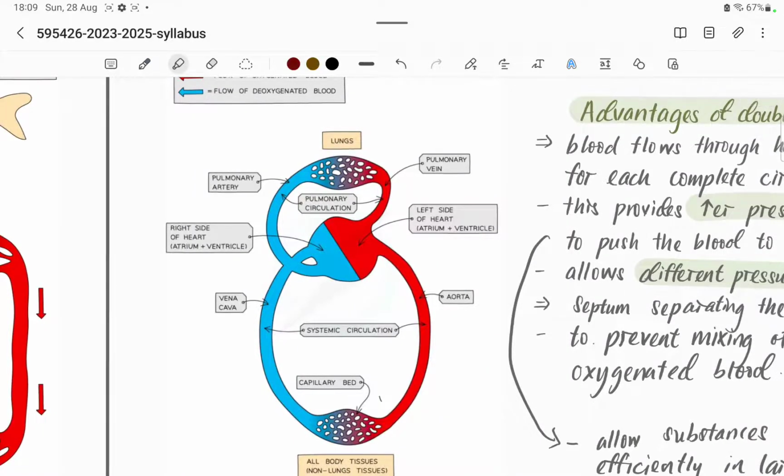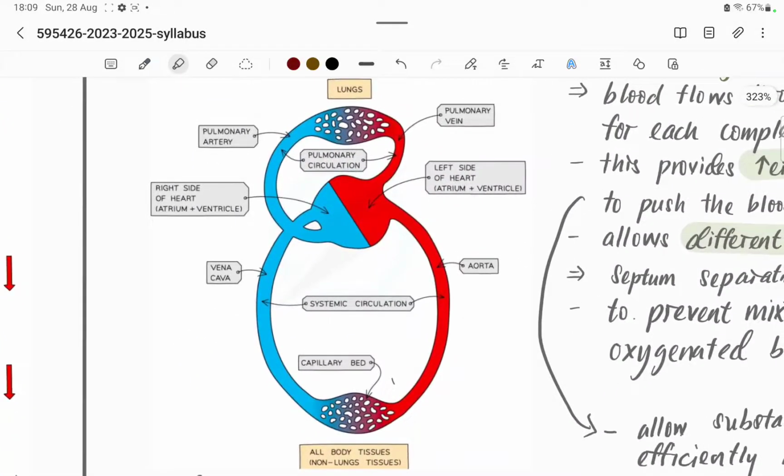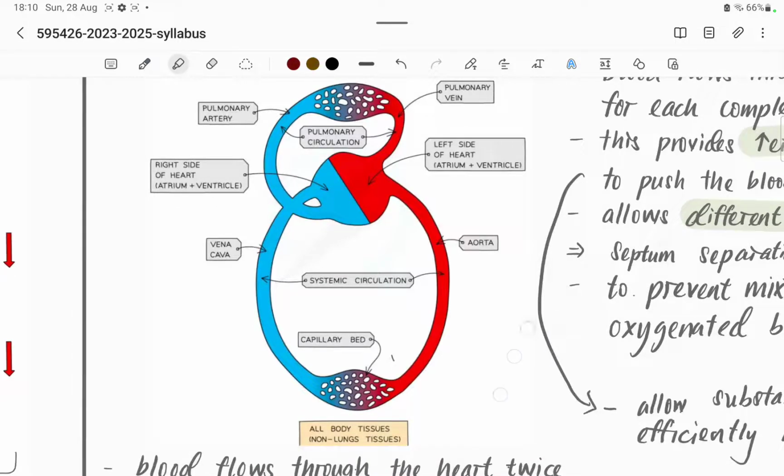Okay, for this one you have to learn more. The lungs here, you have the capillaries, and it's different because the heart here actually has four chambers, left and right atrium and left and right ventricles. And then the veins and the arteries have special names also.